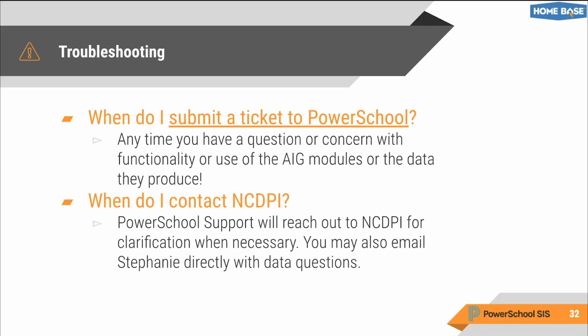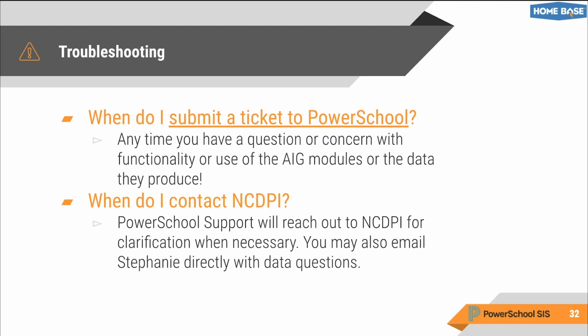Absolutely. Thank you. So when it comes to troubleshooting, really anything in PowerSchool, but AIG information included or the AIG module, anytime that you have a question or a concern with the functionality of these modules or the use of them or the data that is coming out of them, definitely submit a ticket to PowerSchool.